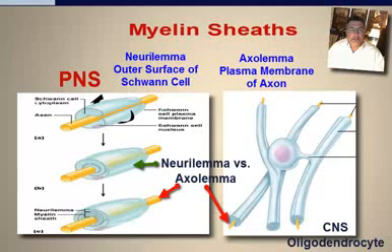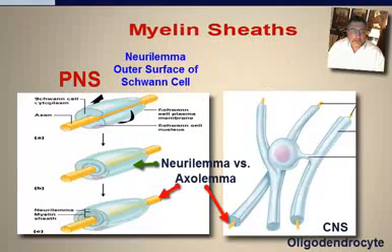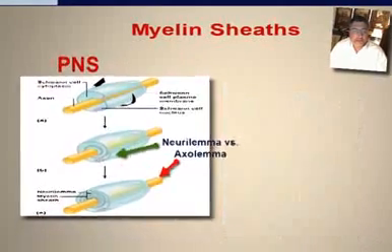That would be true also for the outer lining of the oligodendrocyte that would be found in the central nervous system. This neurolemma in the peripheral nervous system is created, again, by the Schwann cells.